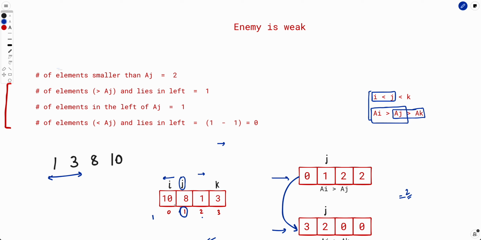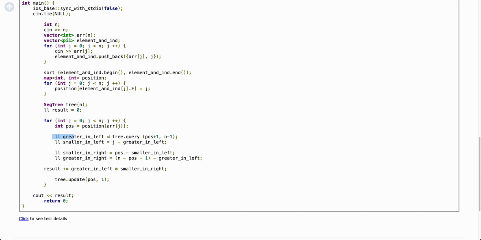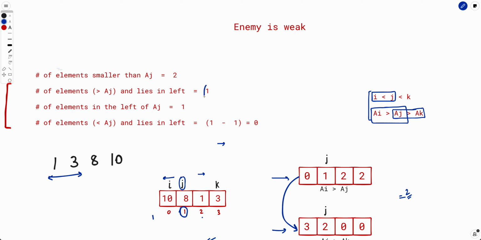Now how many elements are there which are greater than aj and lie in the left? You already figured out this value by using this segment tree, right? So let's say this value is 1. Now once you have figured this out, you can simply figure out how many elements are there which are less than aj and are in the left of aj.